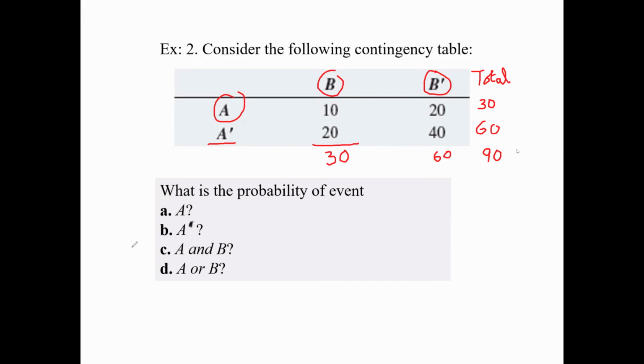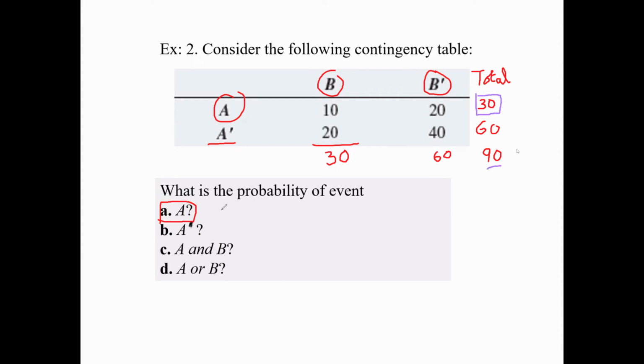All right, can someone tell me what is the probability of A? Anyone? 0.33 is correct, but how do you calculate? The probability of A is the total 30 over 90.